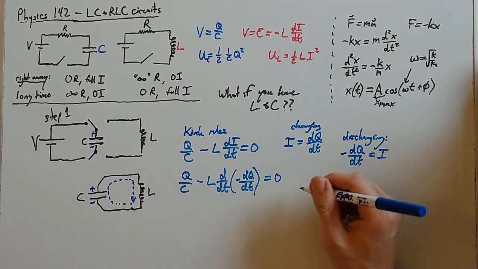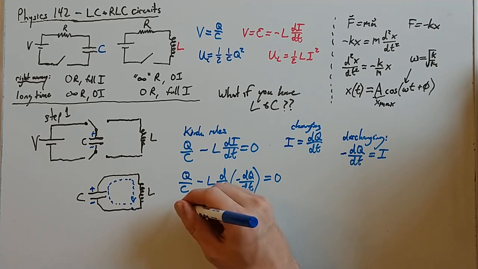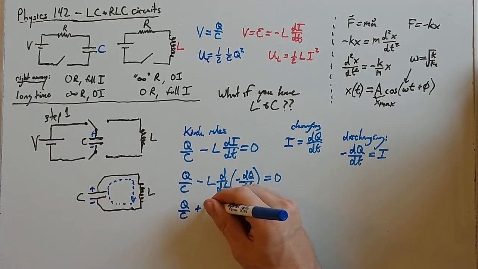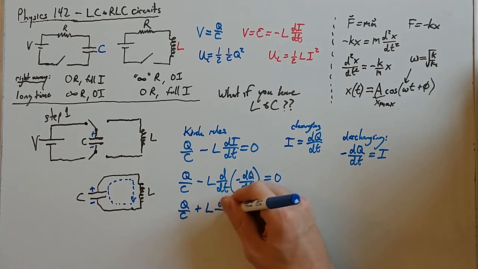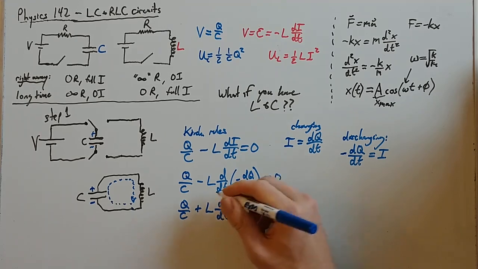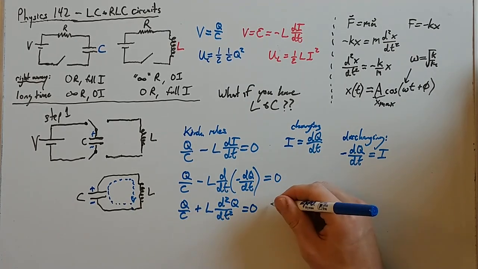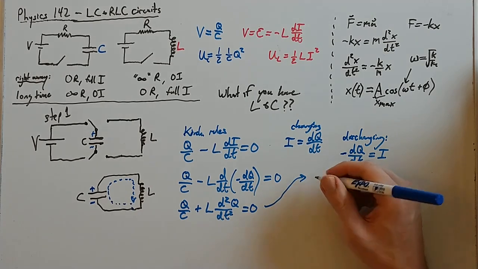One more step here, I'll write it right here. Now we have Q over C. Minus minus is going to become a plus. And then we have L, and we have two derivatives, the second derivative of Q, equals 0. I'll rewrite that as the following.